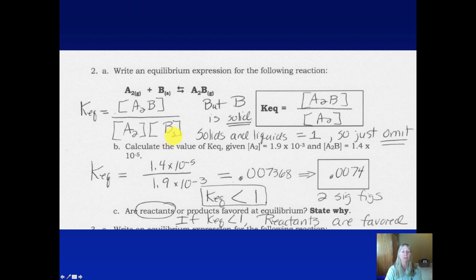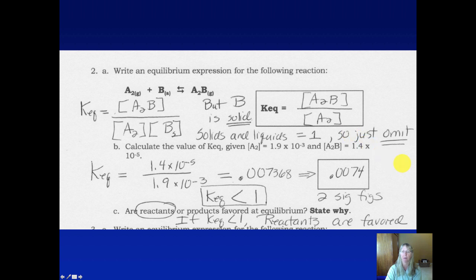And whenever you have a solid or a liquid, you may assume that their concentration is so great compared to the concentrations of gases or solutions that they don't change, that they're essentially constant themselves. So the rule is, if you see a solid or you see the symbol liquid, it becomes 1 in the expression, and you just ignore it. So that's why this expression is simply A2B concentration divided by A2 concentration.